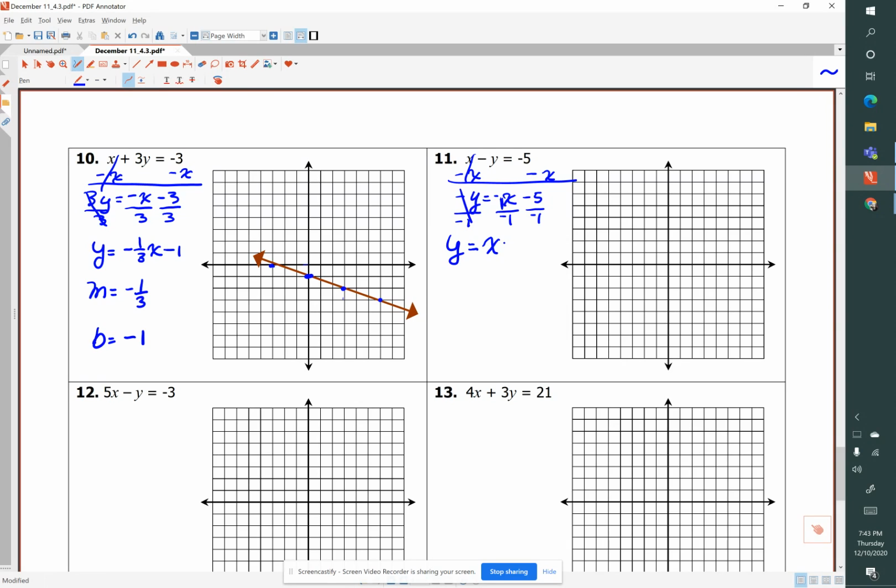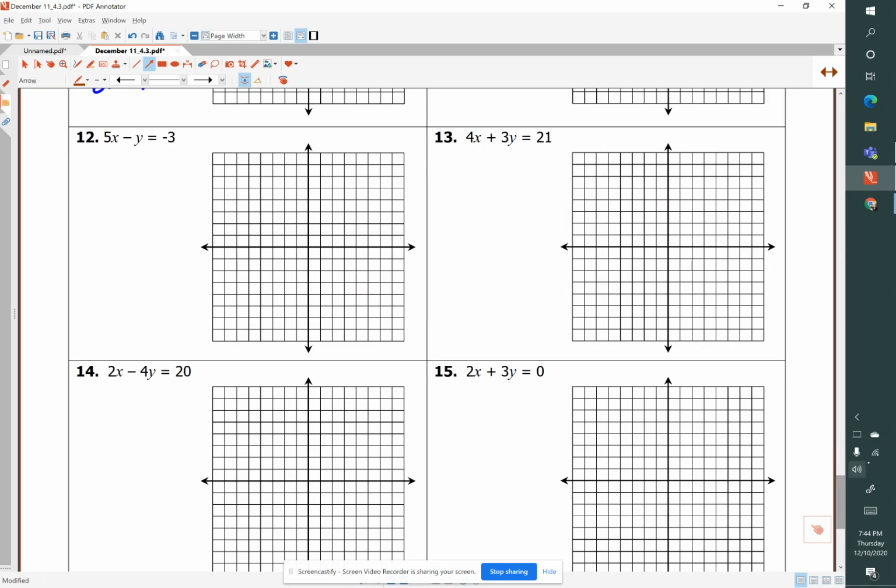So y equals x plus 5, because negative 5 divided by negative 1 is positive 5. So our slope, our m value, is 1, and our y-intercept is 5. Let's plot the y-intercept first, and then we have a slope of 1 over 1. And we'll draw a smooth line. And that's number 11.